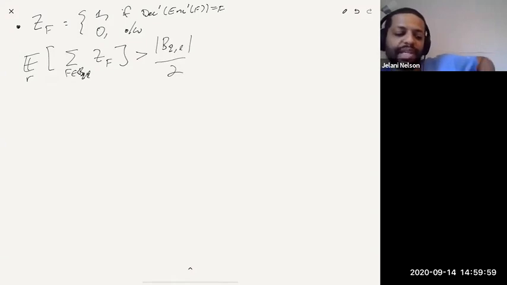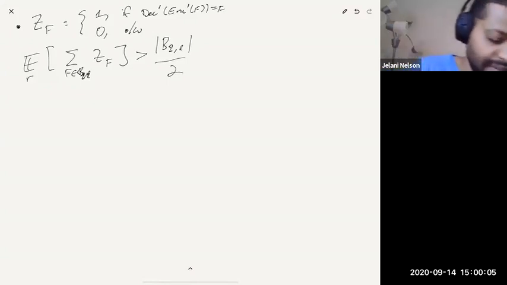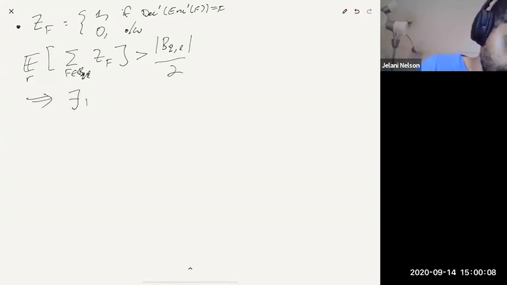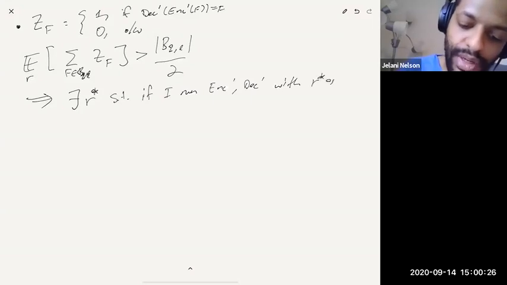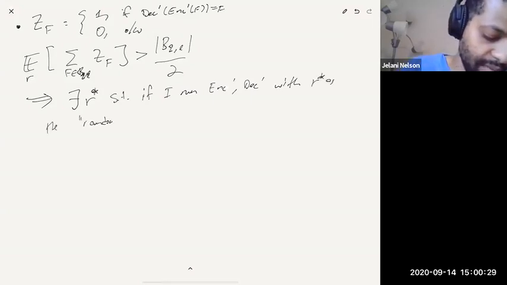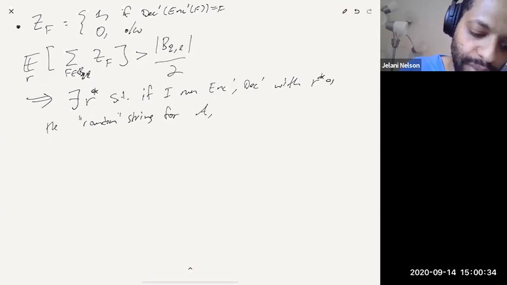Each Z_F has expectation more than a half. So the expectation of the sum is bigger than BQL over 2, which means that there exists a fixed R, such that if I run enc prime and dec prime with, let's call this R star, a fixed string, as the random string. It's not random because it's fixed. For A, it works for at least BQL over 2 sets.